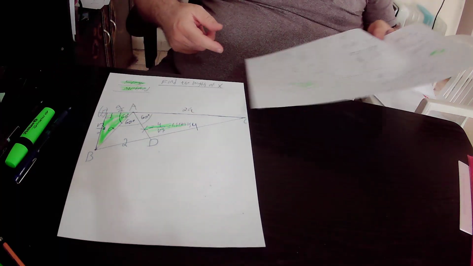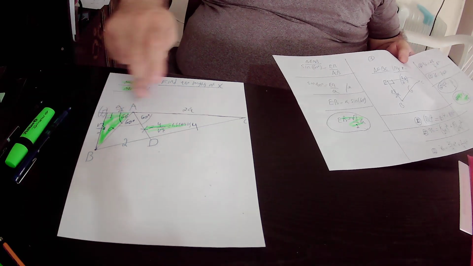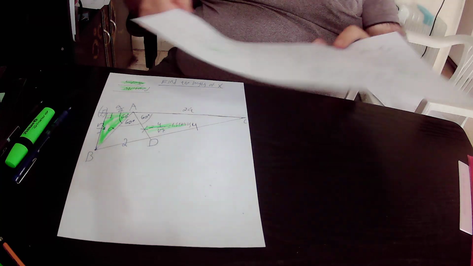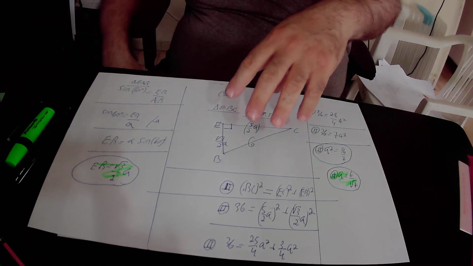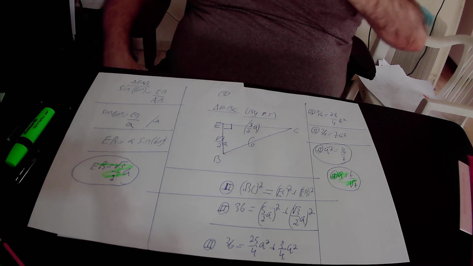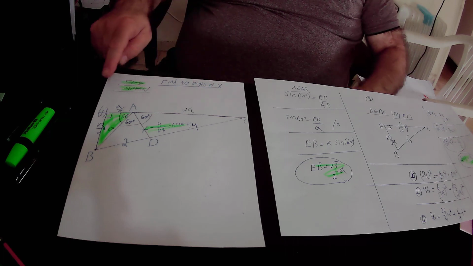Then we implemented the Pythagoras theorem on the big right triangle, triangle EBC. So I copied the right triangle EBC in a new page, and we implemented the Pythagoras theorem on this triangle. What is the length of side EC?